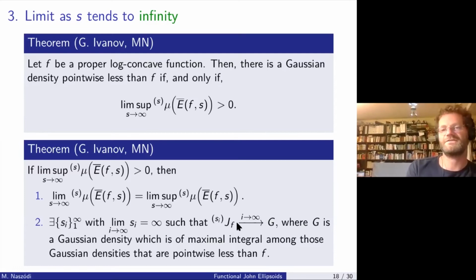This convergence is some good strong convergence, and G is one of the maximum integral Gaussian densities below f. So that's our result number 3.